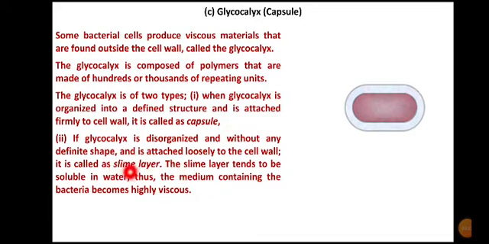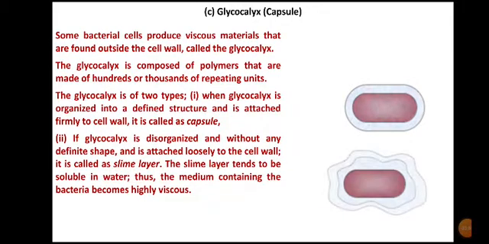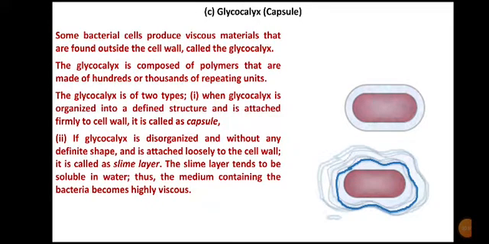This is called the bacterial slime layer, which looks like this. It is loosely bound, and it may be released or shed if it is present in an aqueous environment.